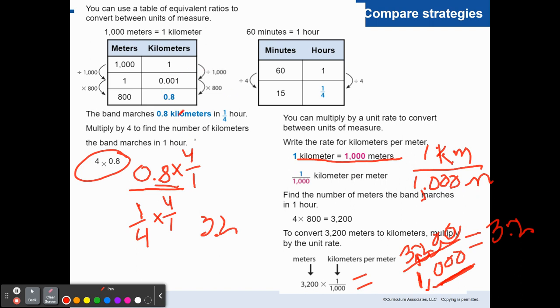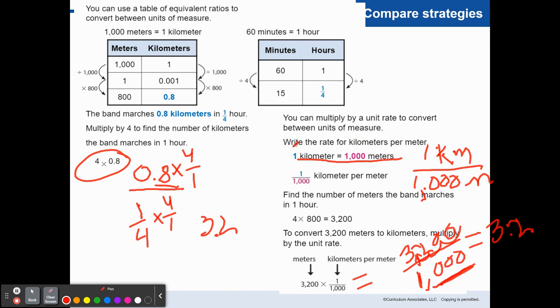So you could work it this way. You could work it this way. You could work it the way I showed you before. Different strategies. Notice that either way, we're still getting 3 2/10, right? So you can convert everything first, and find your answer or solution.